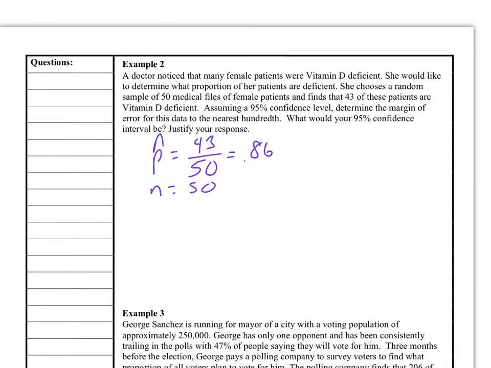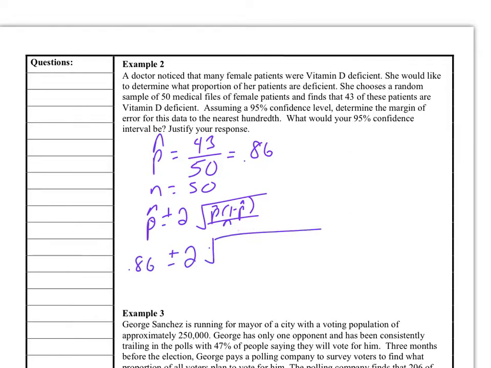So we need to find our 95% confidence interval, which is going to be p hat plus or minus 2 times the square root of p hat times 1 minus p hat all over n. So 0.86 plus or minus 2 square root of 0.86 times 1 minus 0.86, which is 0.14, all over n, which we said was 50.